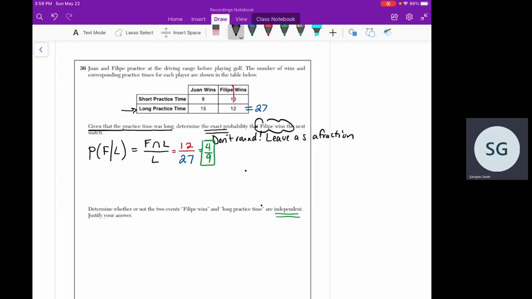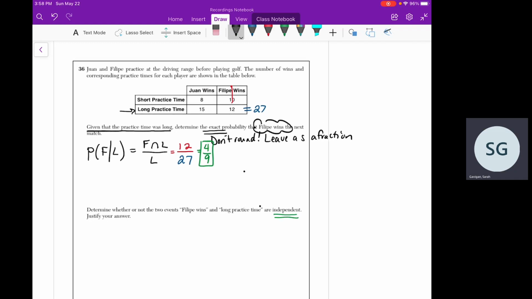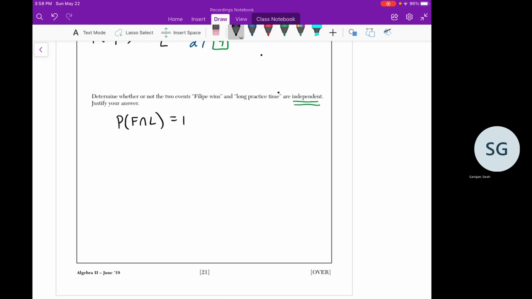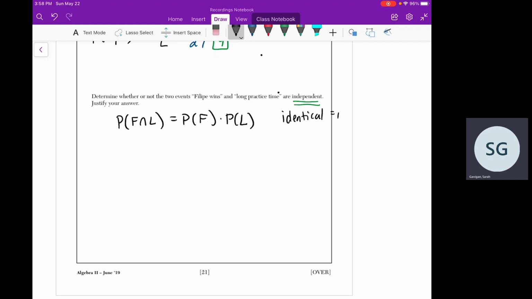Here we need our test for dependence. There's two ways to test for dependence. Most people like probability of F and L equals the probability of F times the probability of L. And the interpretation is if those two values are identical, then they are independent.